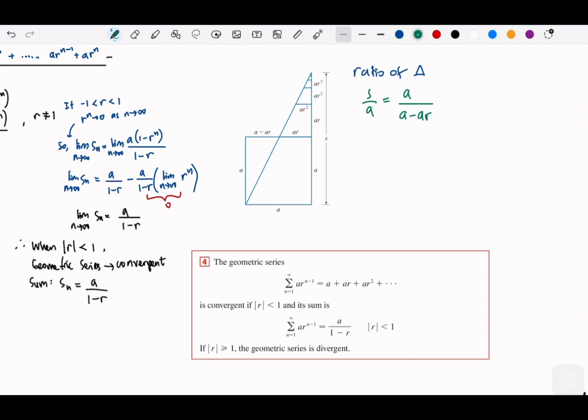So solving this, we get the same formulation.